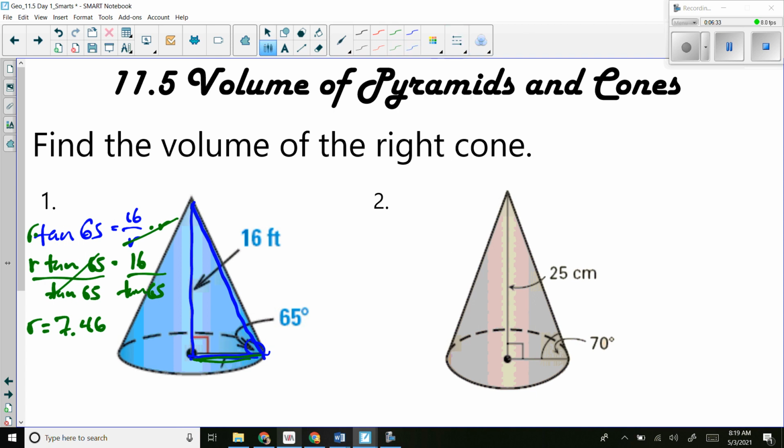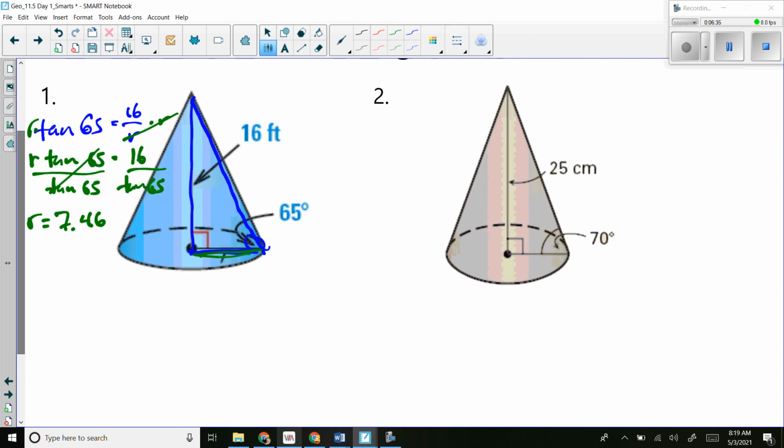All right, so once we know that, then I can do the pi r squared for the area of the base. So my base is going to be 7.46 squared times pi, and let's see, what is that? It's 55.6515 pi. And then my height, of course, is 16.